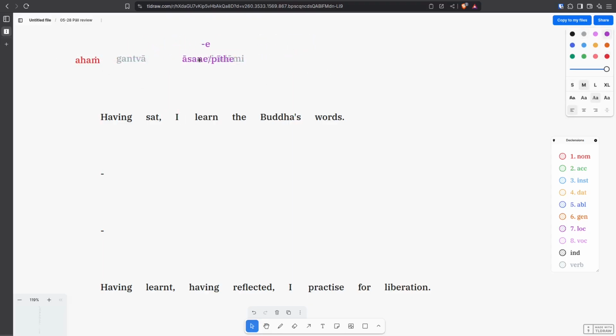That's right. So you could rearrange the order a bit like this: aham gantva, and here a clause ends. A new sentence begins. Aham is implied. Asane nisidami.